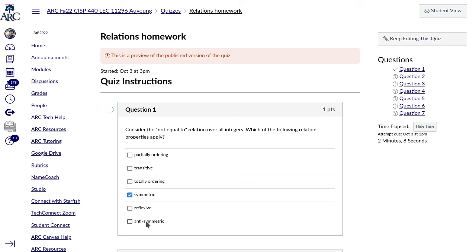And because it is also symmetric, if you choose two values, A and B, such that A does not equal B, then B does not equal A automatically. But that also means A and B cannot be the same because of the way not equal to works. So anti-symmetric is not true in this case. Are we good so far?